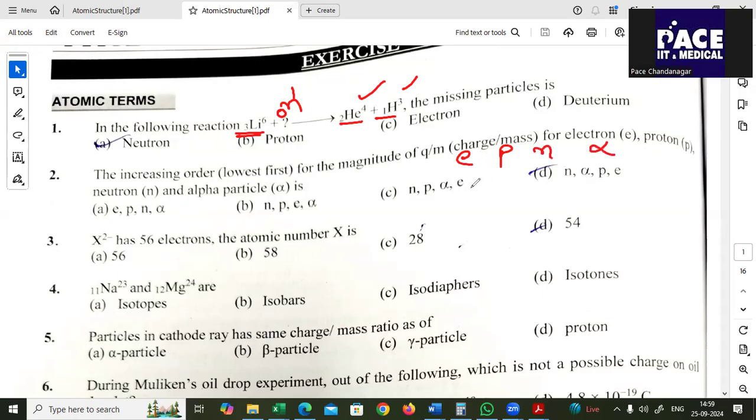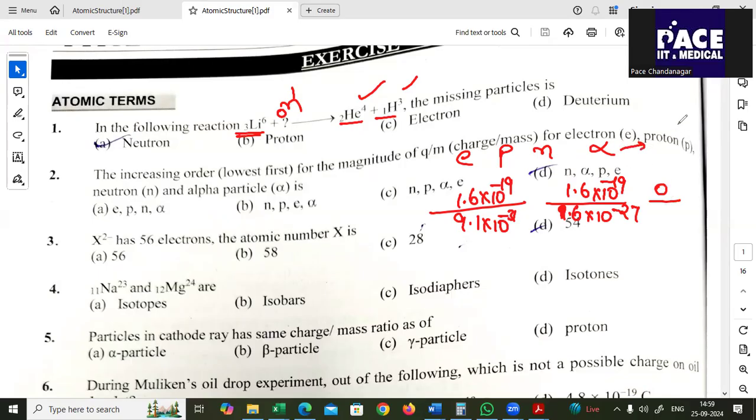Charge by mass ratio: charge of an electron is 1.6 into 10 to the power minus 19 by electron mass 9.1 into 10 to the power minus 31. Proton is 1.6 into 10 to the power minus 19 by 1.6 into 10 to the power minus 27. Neutron's charge by mass is 0 by whatever it is, answer 0.